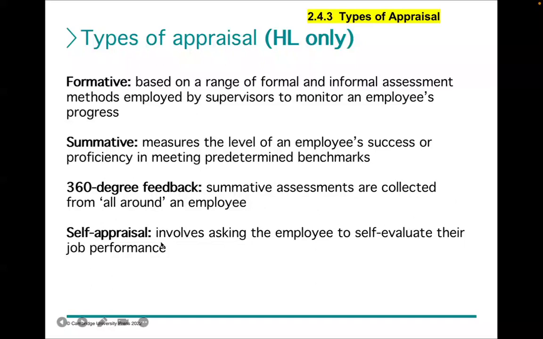Self-appraisal is where the employees reflect to self-evaluate their job performance.